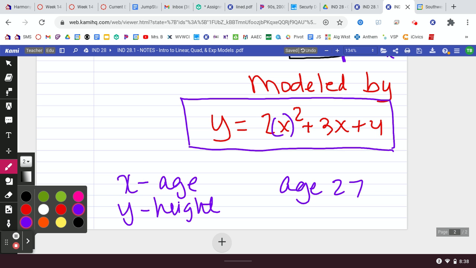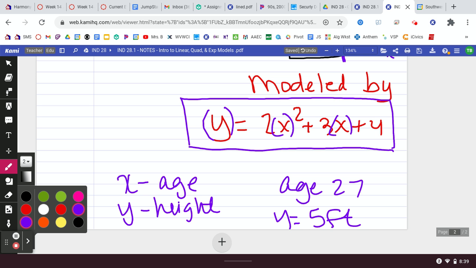I would plug it in everywhere I see an X. And then I would solve for Y, the height. Vice versa, if it says if a person is the height of 5 feet, at what age would they reach that? Well, that's your Y, because your Y equals height. So in that instance, you would plug a 5 in where there's a Y, and then you would solve for your X's. Okay? So when it's asking you according to the model, it means according to the equation that they provide for you.